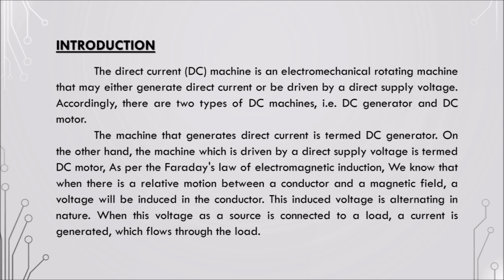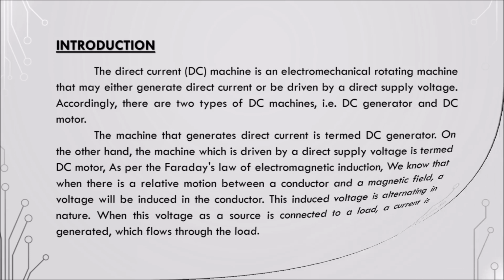As per Faraday's laws of electromagnetic induction, when there is relative motion between a conductor and a magnetic field, a voltage will be induced in the conductor. This induced voltage is alternating in nature. When this voltage as a source is connected to a load, a current is generated which flows through the load.